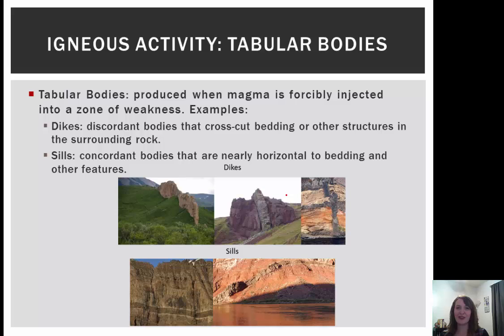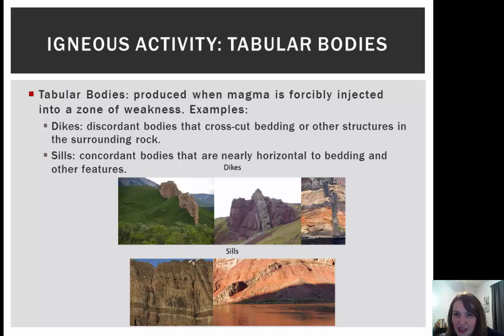We're first going to talk about tabular bodies. These are produced when magma is forcibly injected into a zone of weakness. We have two examples. We have dikes, which are discordant bodies that cross-cut bedding or other structures in the surrounding rock.